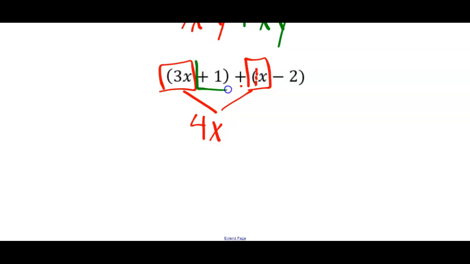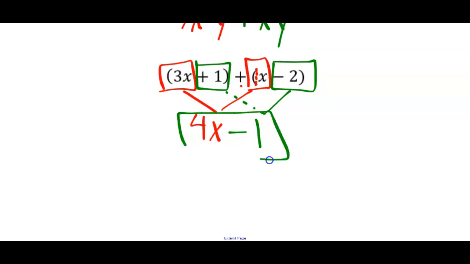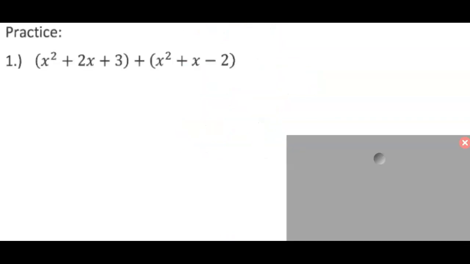And then I've got my 1, and I have a negative 2. Are those both constants? They are. So then those can get added together. 1 plus negative 2 gives me negative 1. So my final answer here when I'm adding those together is 4x minus 1. So basically, we're combining like terms.